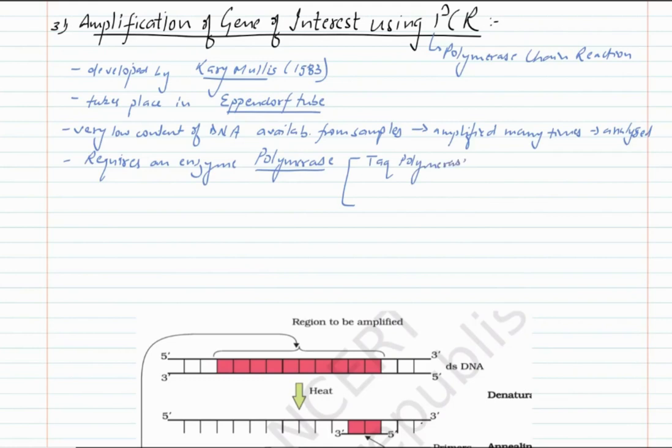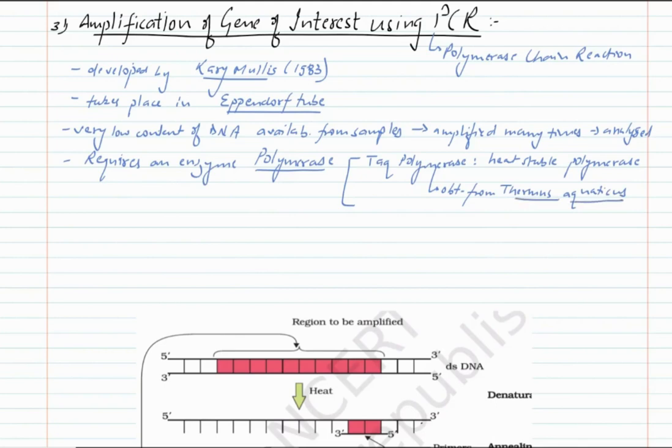It is a heat stable polymerase, that is, it can perform its function even at very high temperatures. This Taq polymerase is obtained from a bacterium known as Thermus aquaticus. It is the most commonly used polymerase.